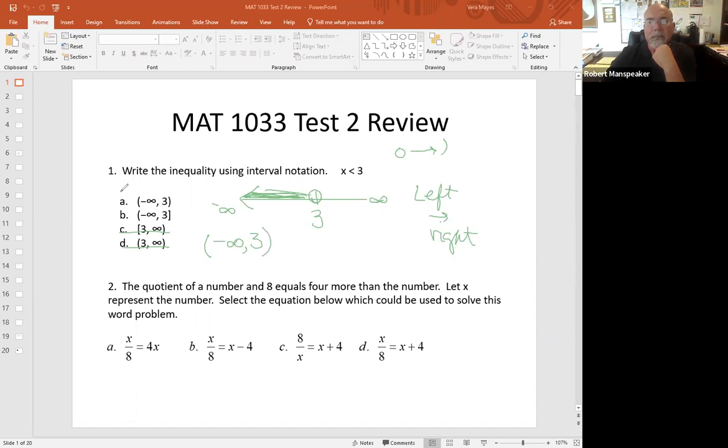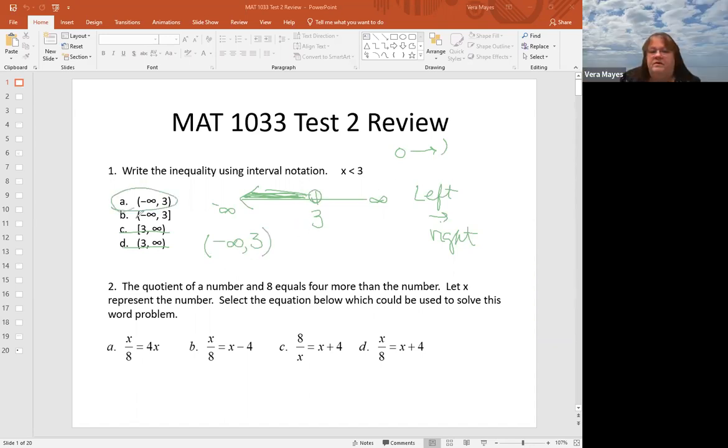Perfect. So there we go. If this had been a closed circle, I would have chosen the bracket. But this is why I think putting it on a number line and getting a quick little picture helps. You can see the beginning and you can see the ending, and there are no questions about which part to put in your interval. All right, any questions?